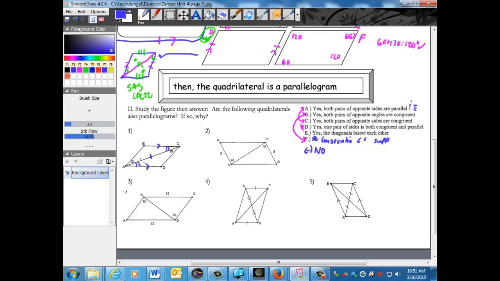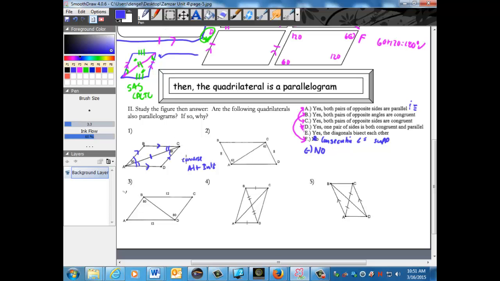Since these 2 angles are each congruent, by the converse of alternate interior angles, we would know that AB has to be parallel to DC. That's because these 2 alternate interior angles are each congruent.